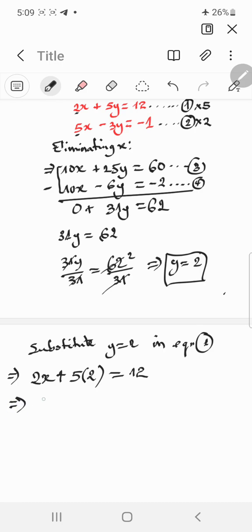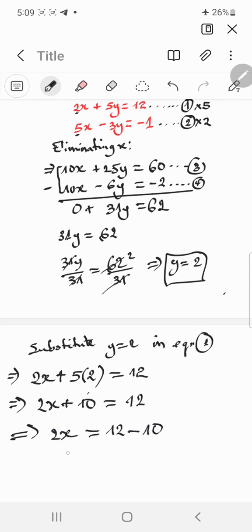So we simplify: 2x, 5 times 2 is 10, plus 10 is equal to 12. Of course, combine like terms, this will go to the other side. This means 2x is equal to 12 minus 10. So 2x is equal to 12 minus 10, which is 2.